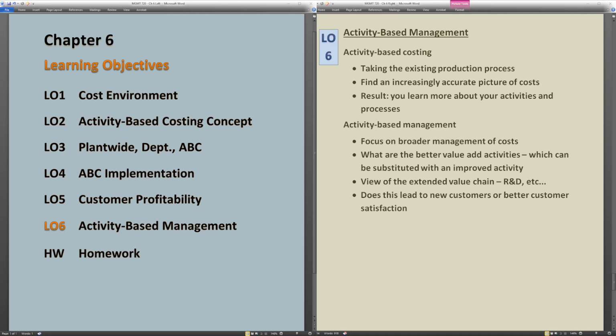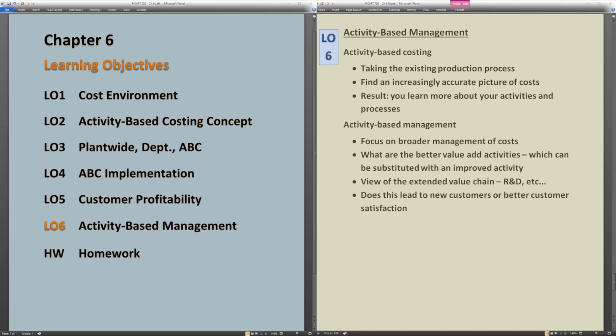Activity-based management then takes the bigger picture and asks, well, do I have to have all these activities? Could I add activities? Could I substitute activities? Could I do something else? In other words, take the activities not as a given, but as choices in your production process, and maybe you could do things differently. So management is making the choice about activities, whereas activity-based costing is just optimizing existing activities.